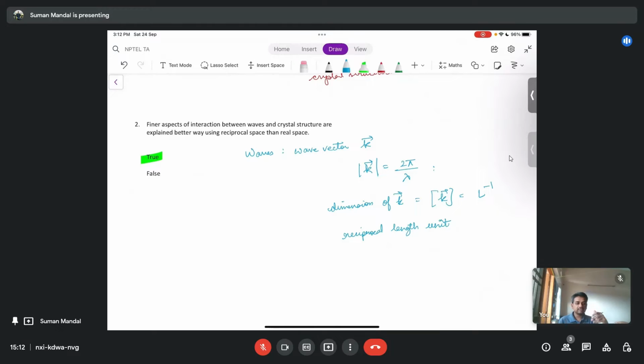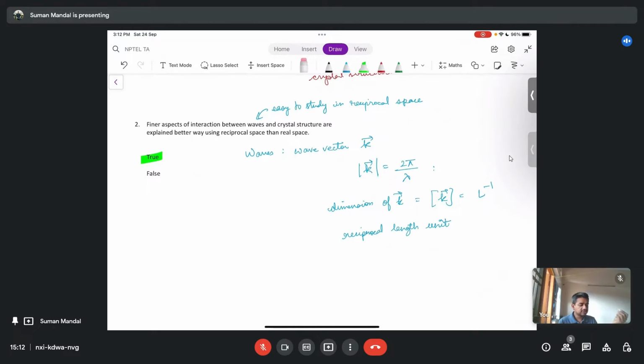And so if we have a coordinate system with reciprocal length as a unit, it will be very easy to study the waves. Therefore, waves are easy to study in reciprocal space.